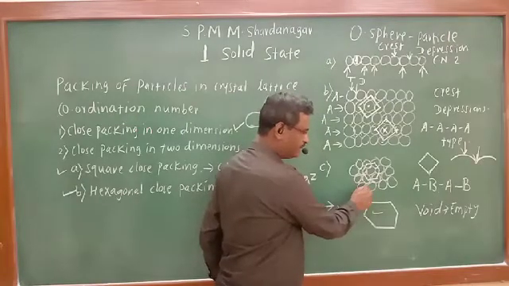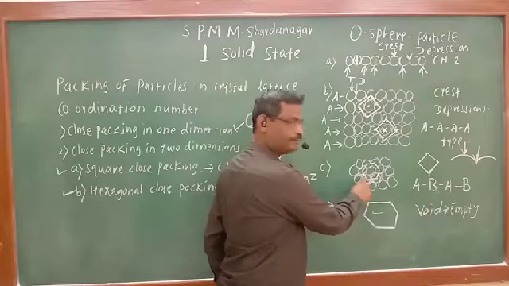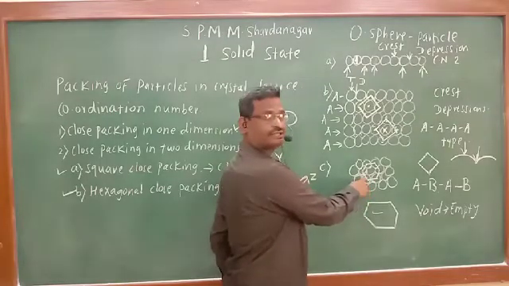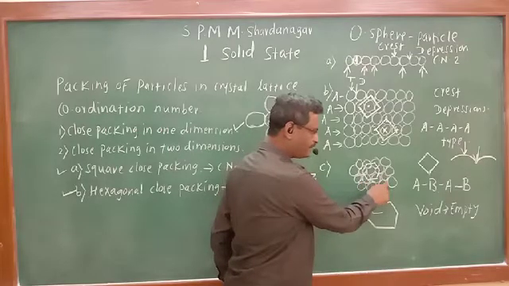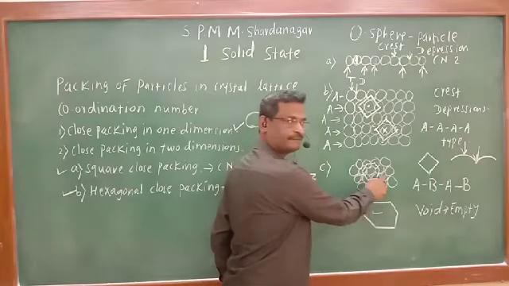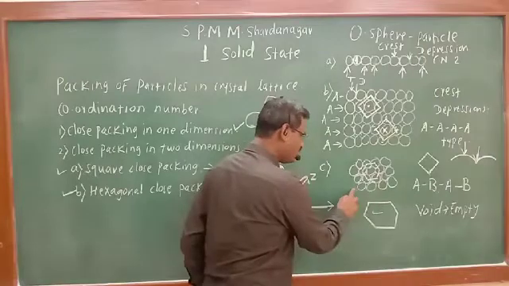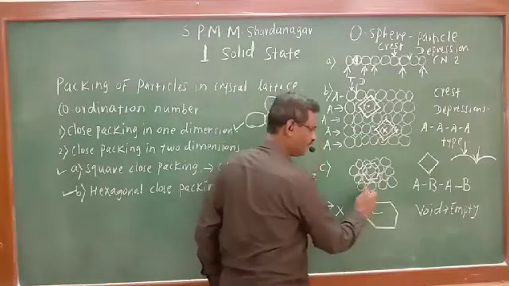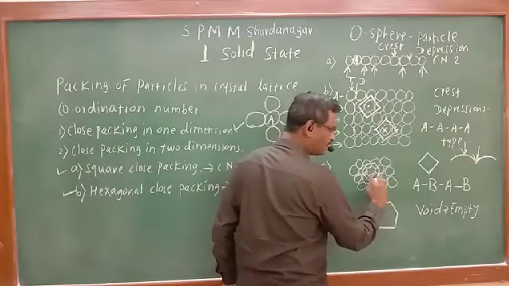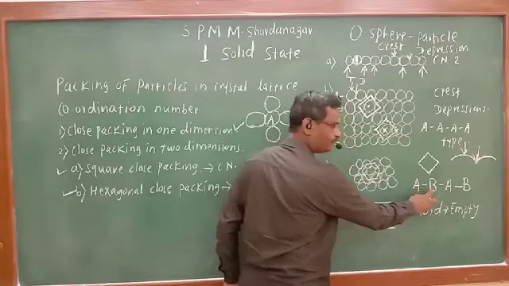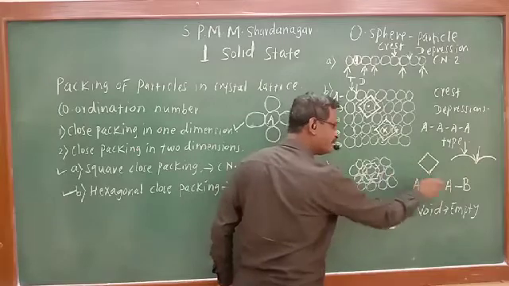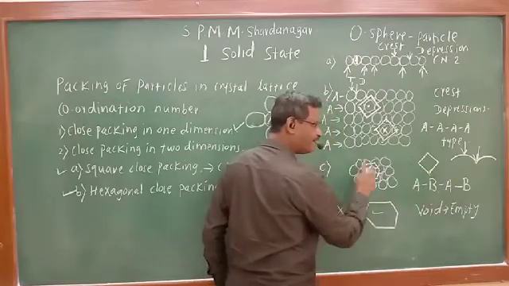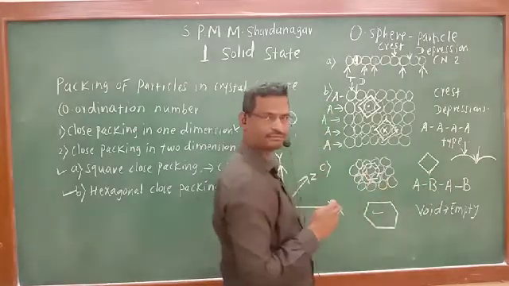Here the depression is followed by the crest of the second. So if the first layer is A layer, the second is not A, the second will be B layer. Again the third will be A layer, the fourth is B layer. So this is known as AB type of arrangement.